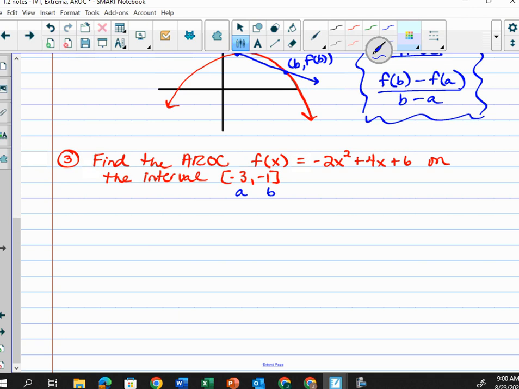So I've got A and B. I need f of A and f of B. So let's find that. So f of A, that's really f of -3. So how do I find that? Yeah, exactly. Plug in -3. So I've got -2 times -3 squared plus 4 times -3 plus 6.